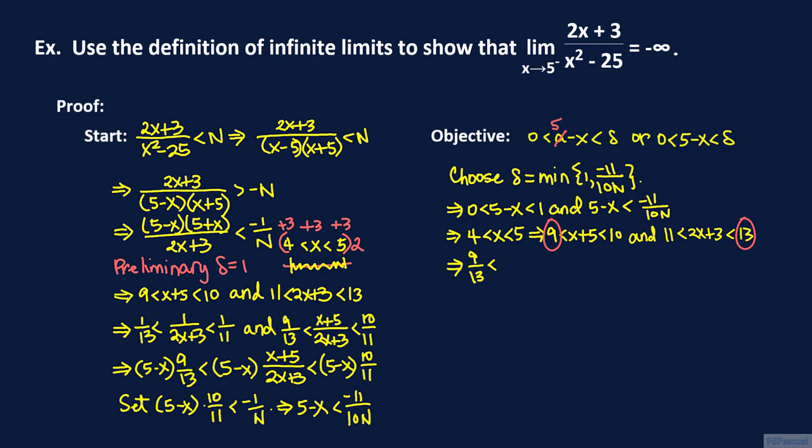The idea is that with all the quantities being positive, the smaller the numerator and the bigger the denominator, the smaller the fraction will be. And so the next fraction is formed by the middle quantities x plus 5 and 2x plus 3. The largest of the three fractions is the biggest quantity in this inequality, divided by the smallest quantity in this inequality.